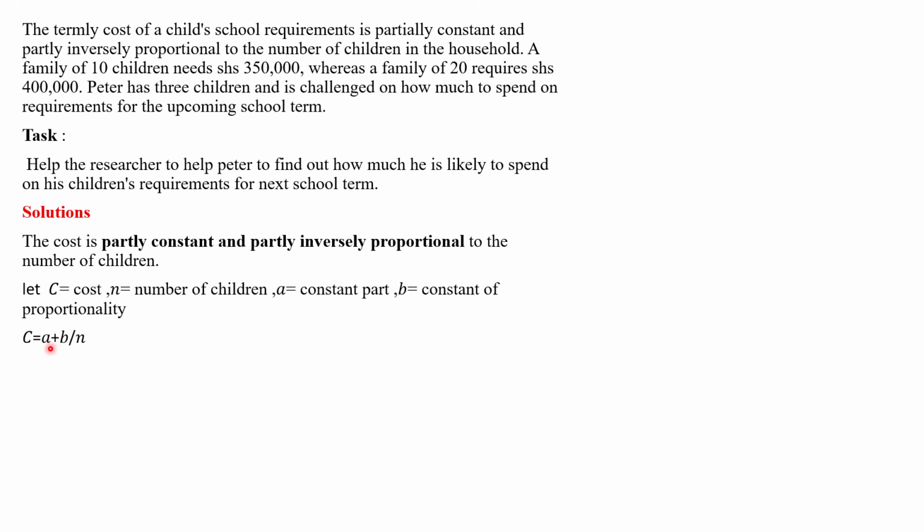Here we shall have C is equal to A plus B over N, whereby B is my proportionality constant. If it was direct proportion, we would have had C is equal to A plus BN. But because of the word inverse, you must have division.